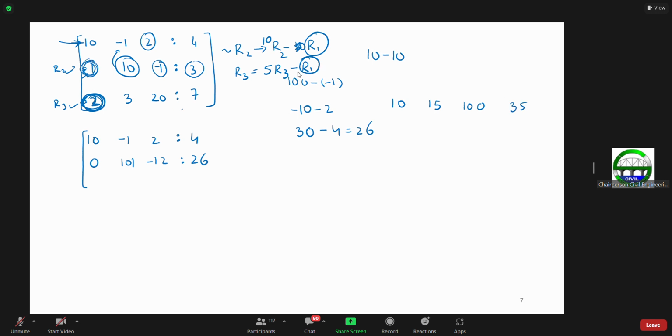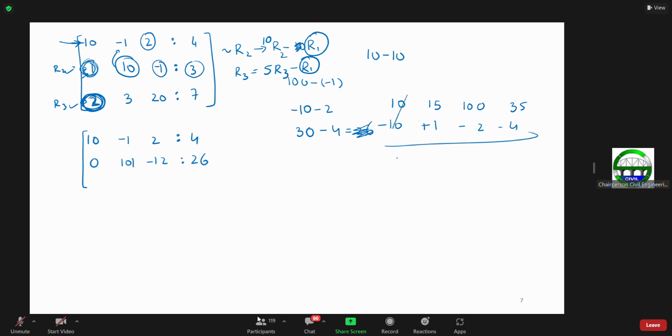This row will look like this, because I multiply, and I will have to minus it with R1. It will be 10, minus 1, minus 2. This will be minus 1, it will be plus, and then multiply it with, this will be 4 minus 4.